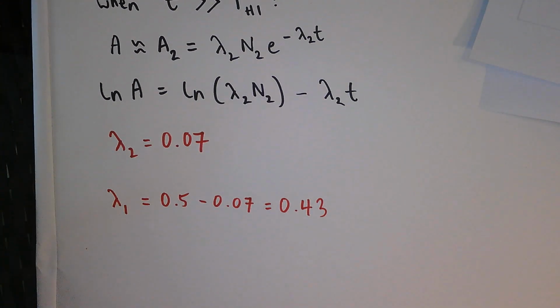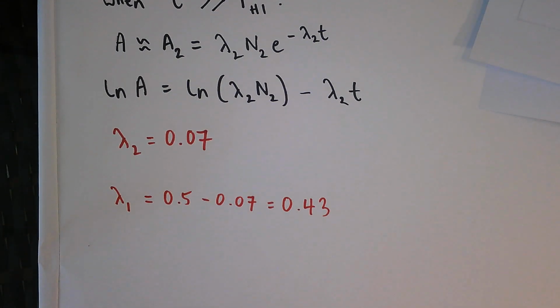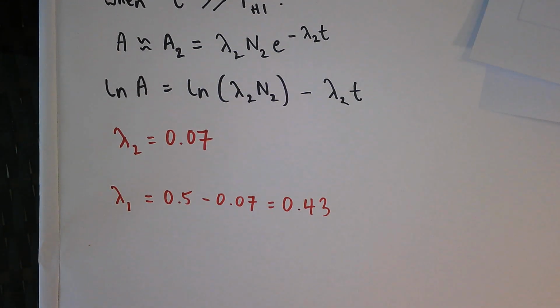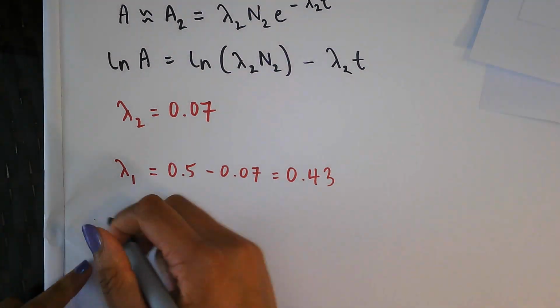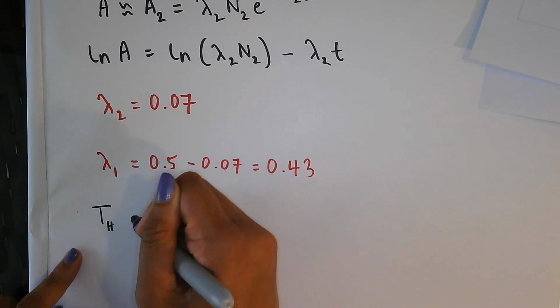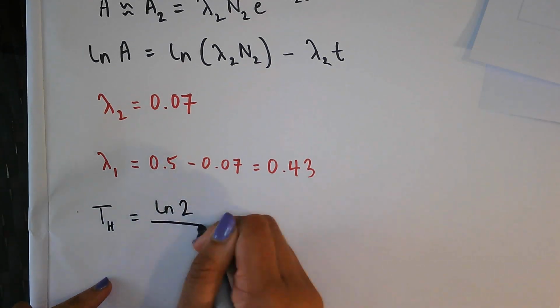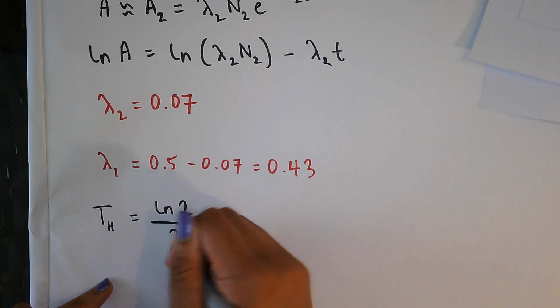And now that we have the decay constants, we can calculate the half-lives, because we know the relationship between the half-life and the decay constant of any radioactive element. So T half is equal to ln 2, the natural log of 2, over the decay constant.